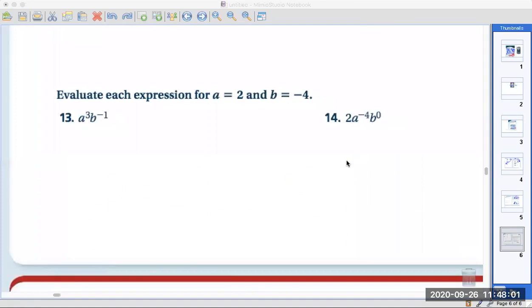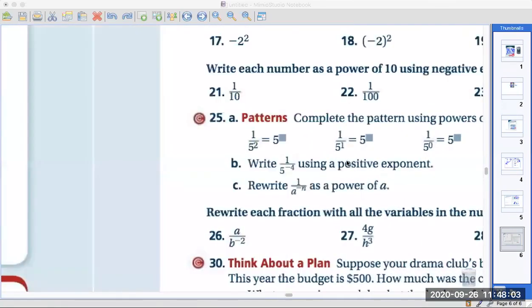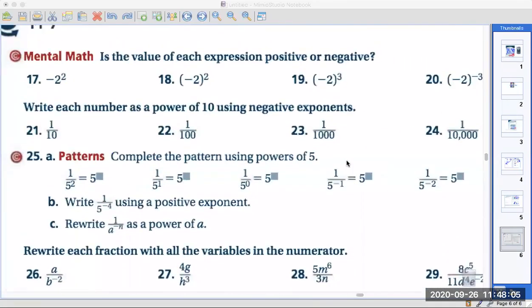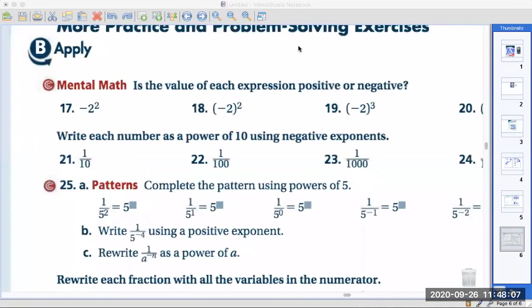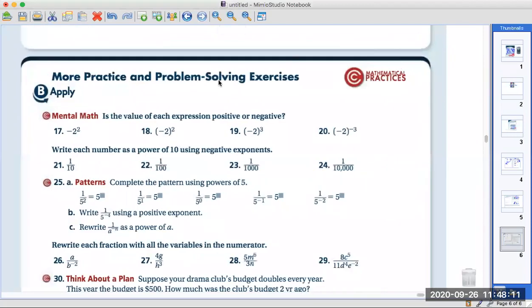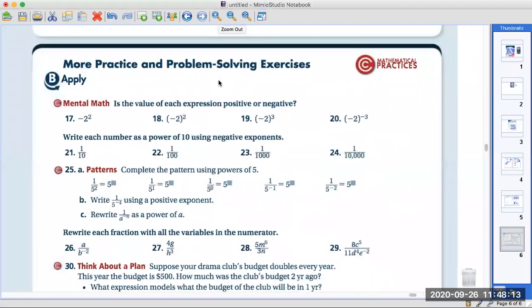Then we're going over to page 289. I want you to do number 17. It's just asking if the answer is positive or negative. So you have to kind of read. You don't really have to find the answer.